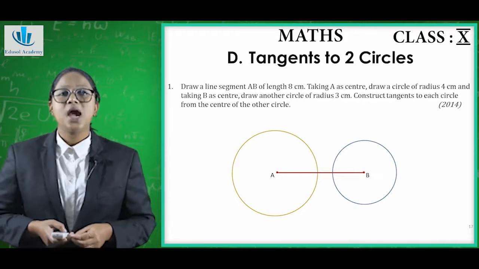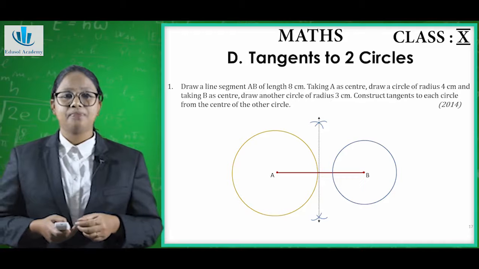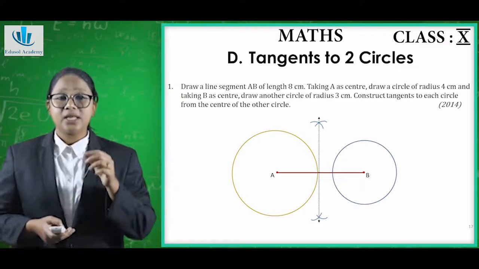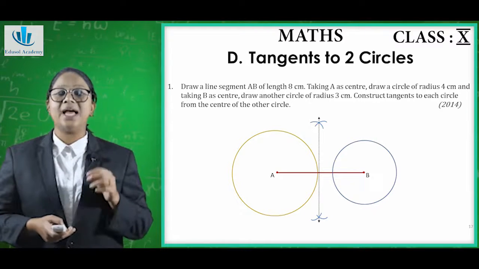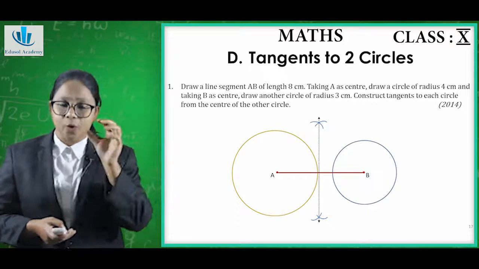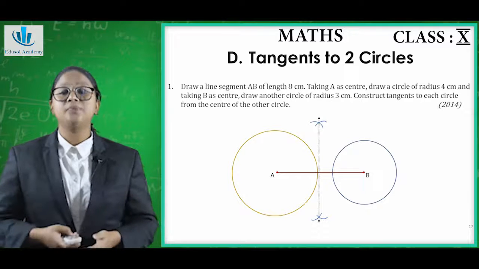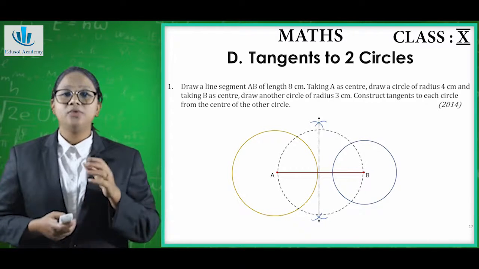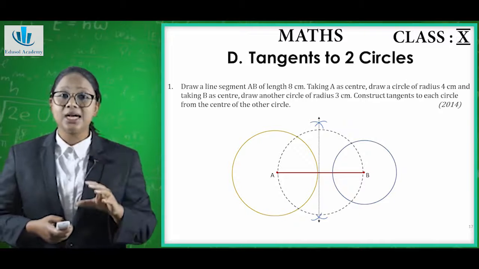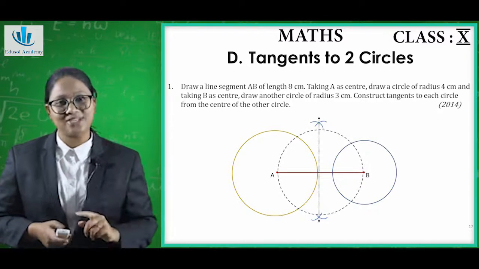Now take the perpendicular bisector of AB again, so that with the point of bisection as center and the distance from the point of bisection to either A or B as the radius, we draw another circle. Now you can see the third circle is touching both the circles and those will be the points of contact.